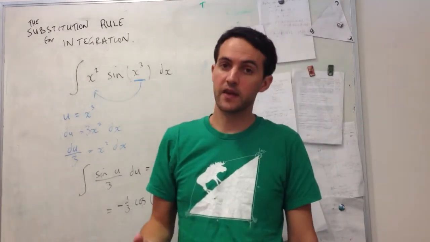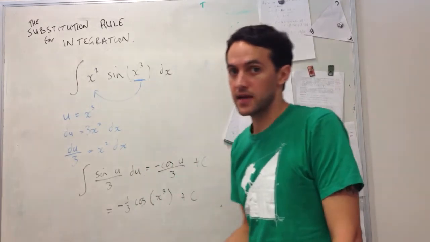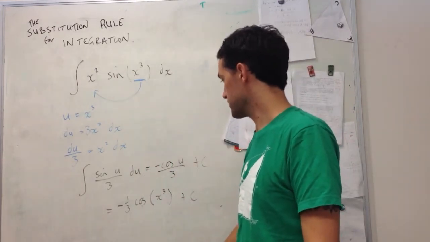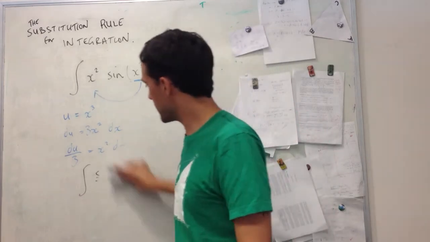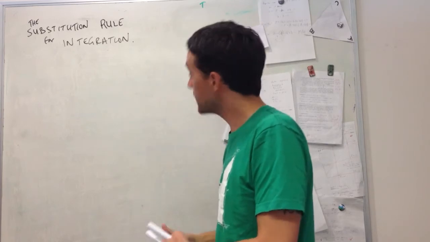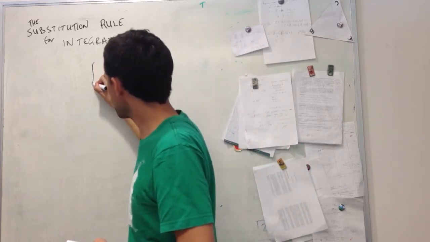Now, the other thing that we sometimes need to keep in mind is what we do with our terminals if we've got definite integrals. So I'll do one more example, but in this case, let's have some terminals.